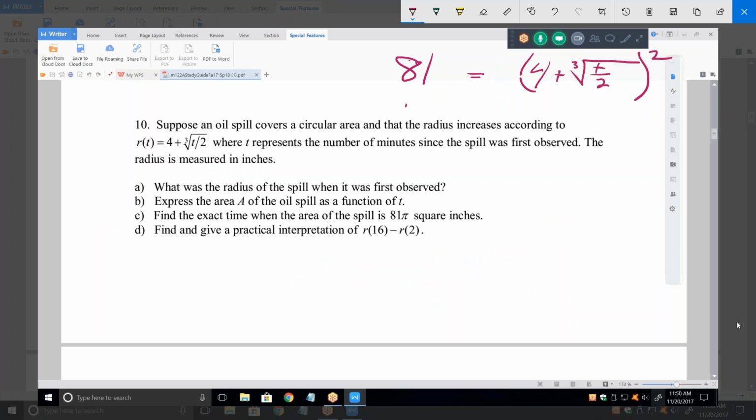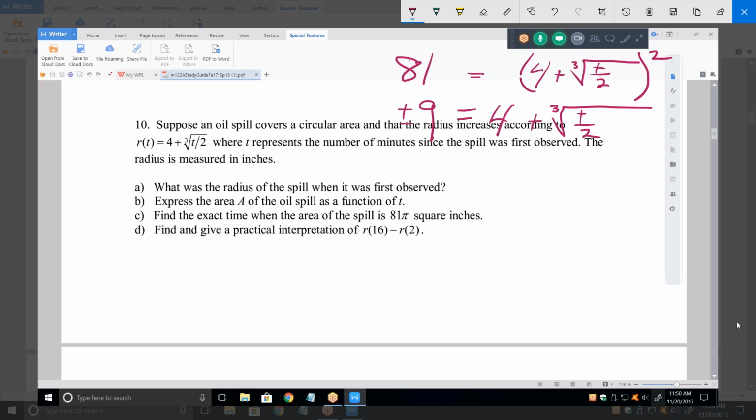Okay, now that's really plus or minus 9 equals this. And most likely, the minus will not be an answer because you can't have negative times, right? But we don't know yet whether we're going to get a negative time.